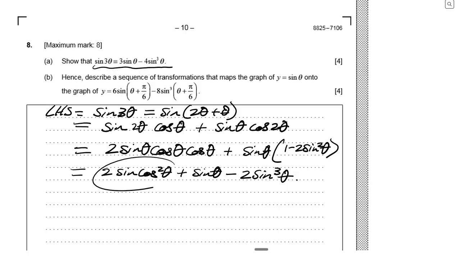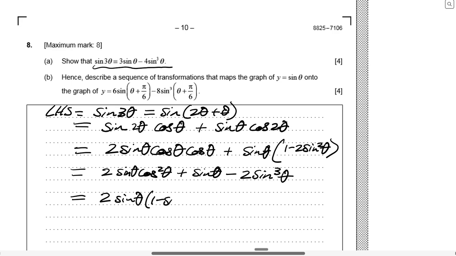Now we need to transform our cos squared theta into sine again, because everything is in sine. So we have 2 sine theta. Cos squared theta is 1 minus sine squared theta plus sine theta minus 2 sine cubed theta.